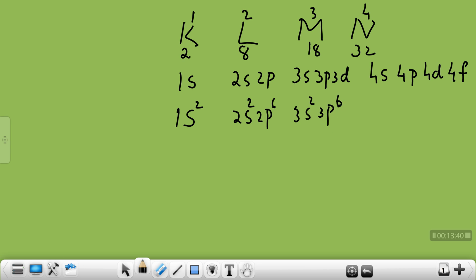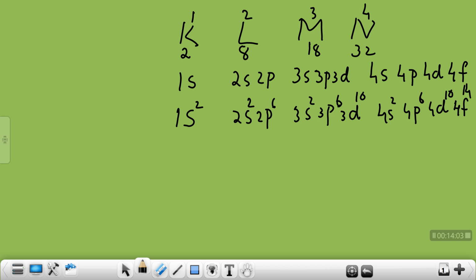So 6 plus 2, 8. 18 minus 8, 10, that is 3d10. Then next 32: 4s2, 4p6, then 4d10. That means 18; 32 minus 18, 14. So 4f14.